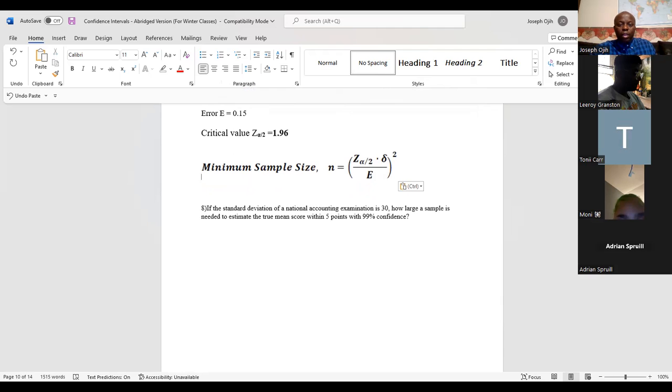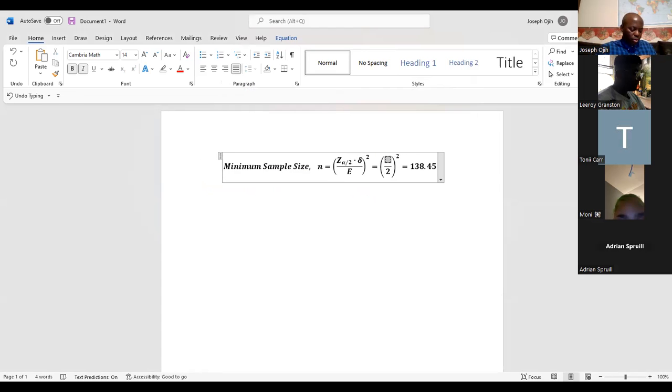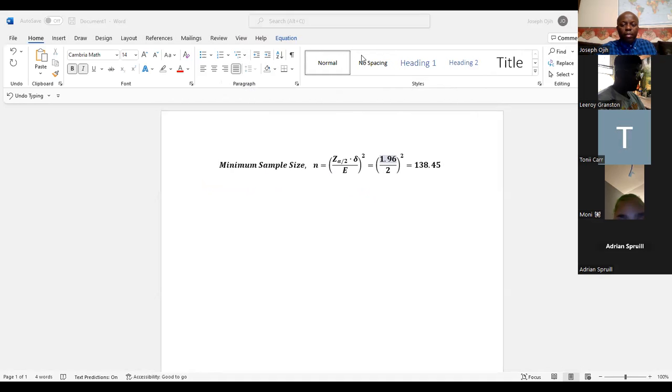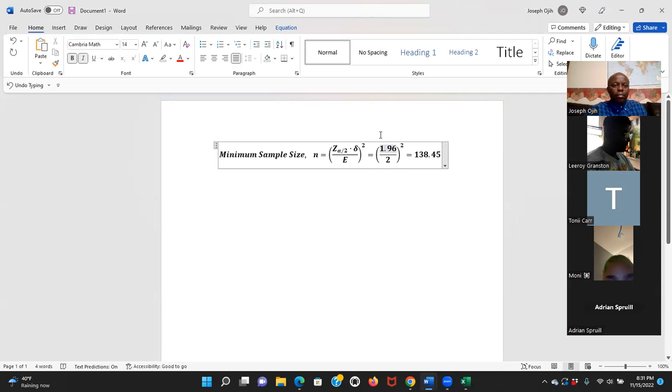So let me take you to that workbook. I'm going to change all this. Z alpha over 2 is 1.96, times, can you see it? I think you can see it. Where's my times?